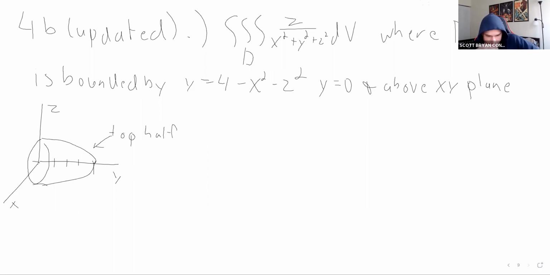Okay, so what we could do is we could do rectangular, and we could do a top surface and bottom surface. So top is z equals something, bottom is z equals something.